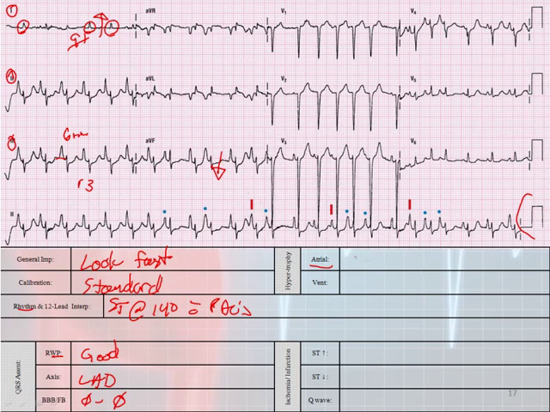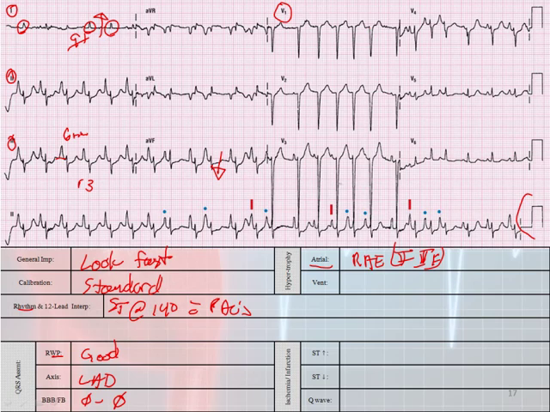So let's move over here to our atrial interpretation, and we do have right atrial enlargement in leads, it looks like 2, 3, and AVF. To confirm that, we would have to look over here in V1, and I'm having trouble seeing any P waves over here.